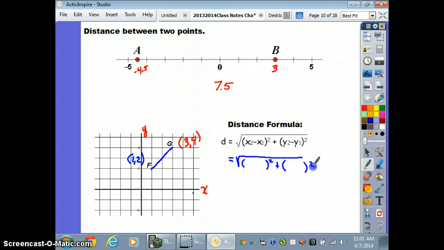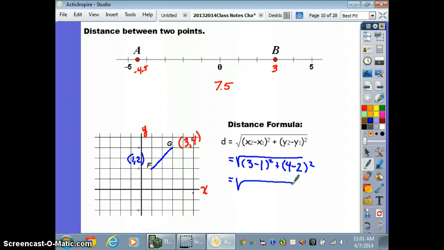What we're going to do is subtract the x's and square it. So the x's are 1 and 3. So I think I'll say 3 minus 1, right? 3 minus 1. And then 4 minus 2. Those are the y's, right? 4 and 2. All right.